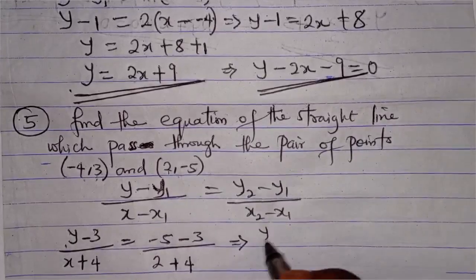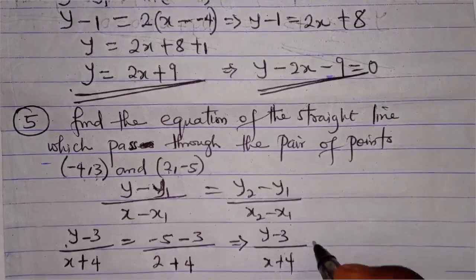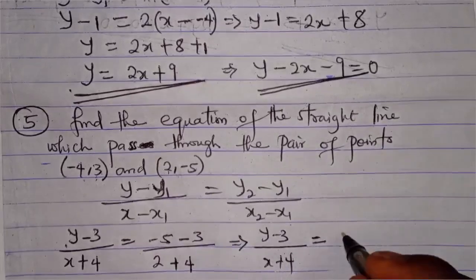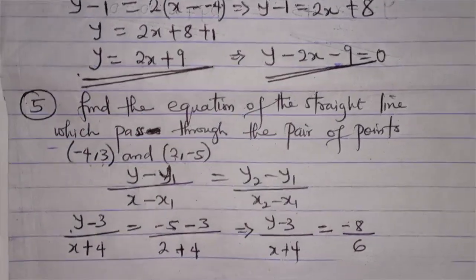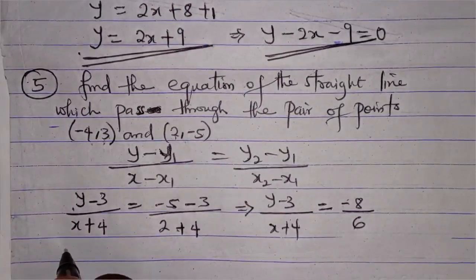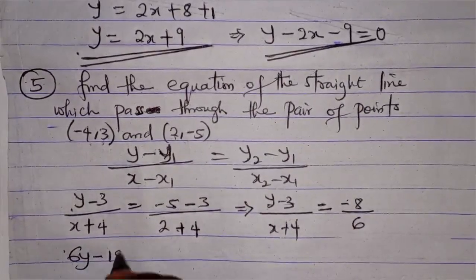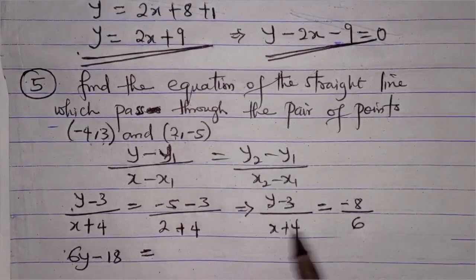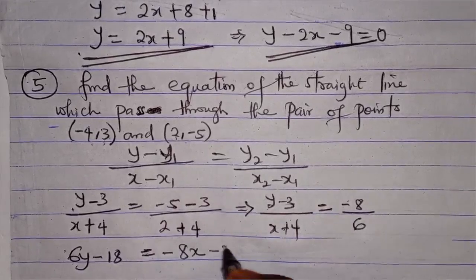So this is y minus 3 all over x plus 4 is equal to, this is minus 8 all over 6, right? So if we cross multiply, we'll be having 6 multiply everything here, that's 6y minus 18. Then minus 8 multiply everything here, that's minus 8x minus 32.